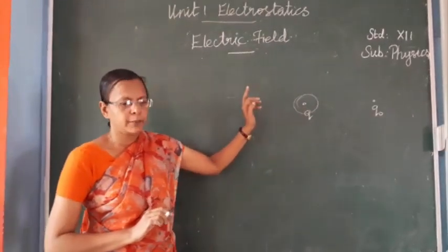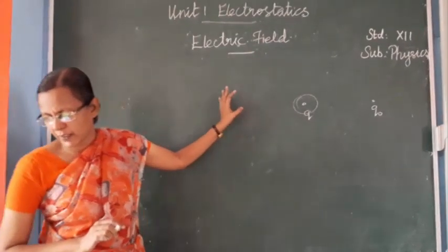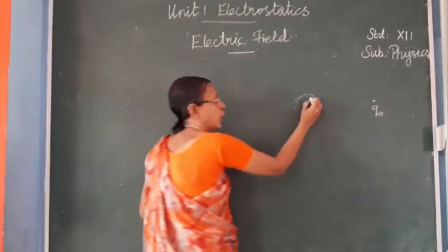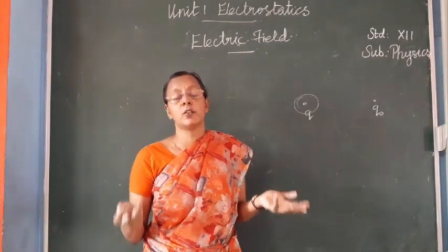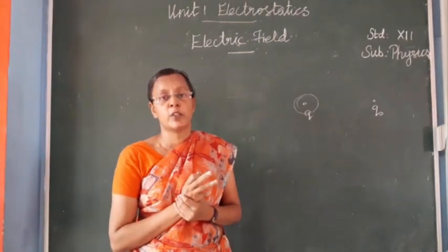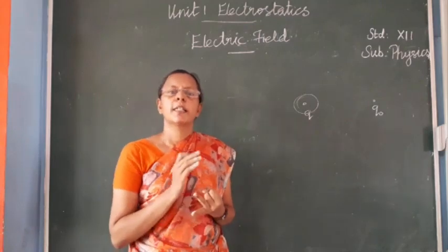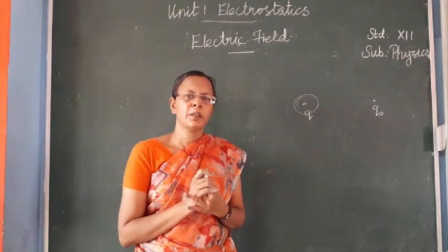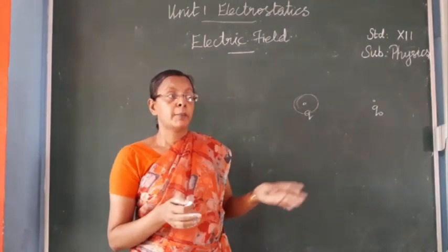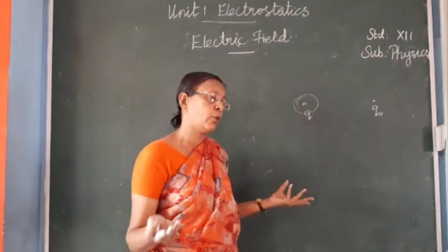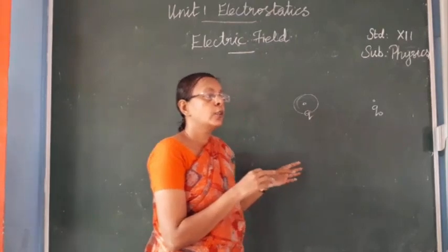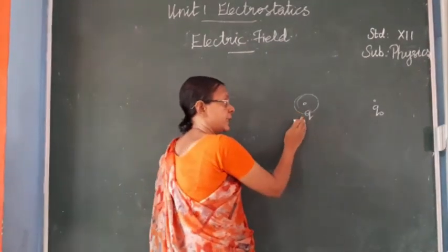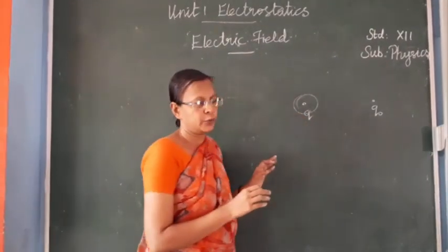So listen here, in the first charge Q, we know there are different types of charges. How many types of charges are there? Two types: positive charge and negative charge. So sometimes this Q may be positive or negative. First we are going to consider this Q as positive.